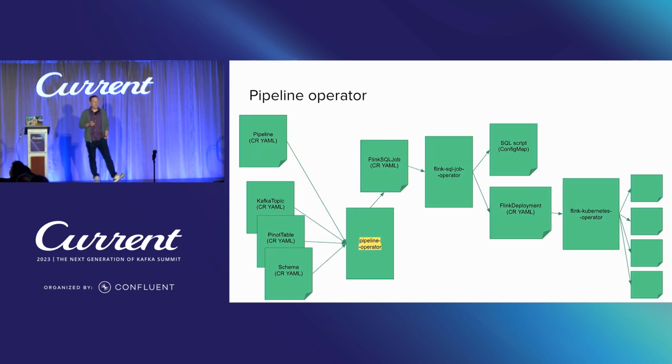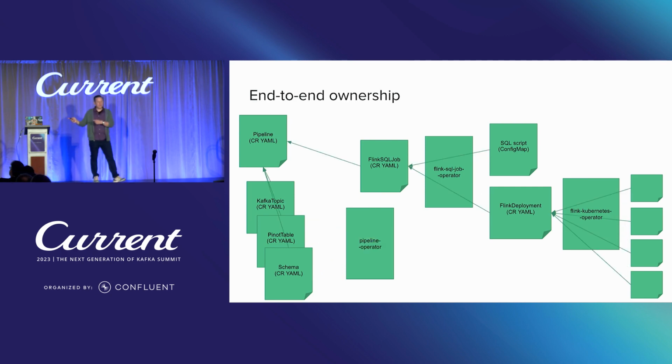This enables us to have a pipeline operator, which means that there's this parent object in Kubernetes, the pipeline, and everything that we deploy as a result of that pipeline is owned ultimately by the pipeline. So these are the ownership references. The pods, deployments, the actual work being done, the workload is owned by the Flink deployment, which is owned by the Flink SQL job, which is owned by the pipeline.